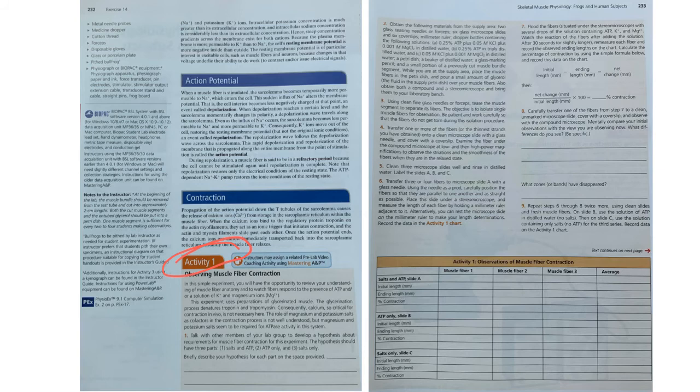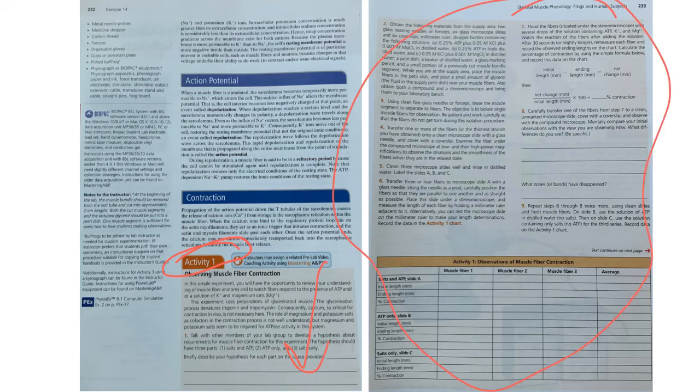Basically, if you read through activity 1, this gives you an idea of what's going to happen. I would have given you a chunk of muscle, and we would have done an experiment with it. The next few slides have pictures of that, but while we're still looking at the lab manual, I want you to read all of this, okay?